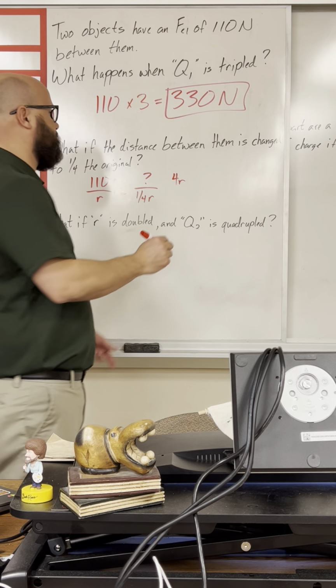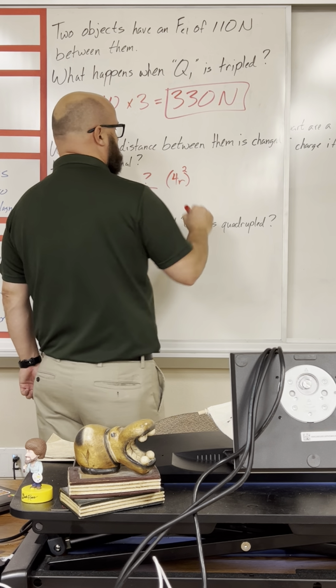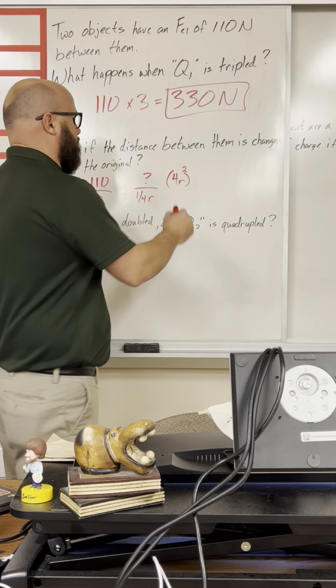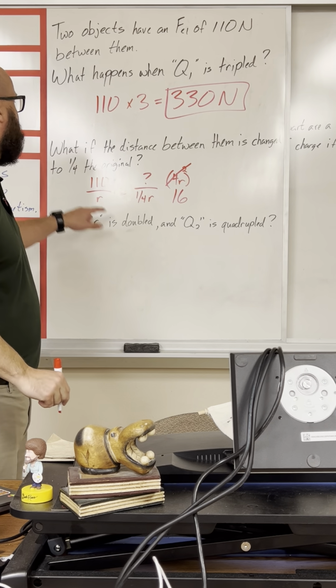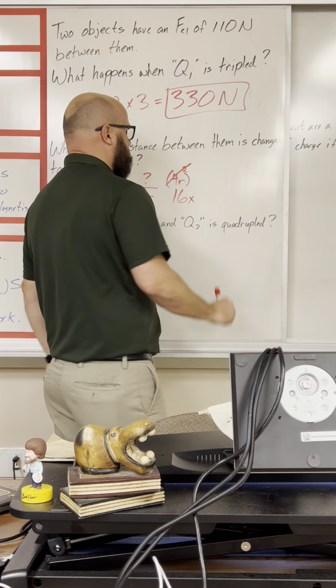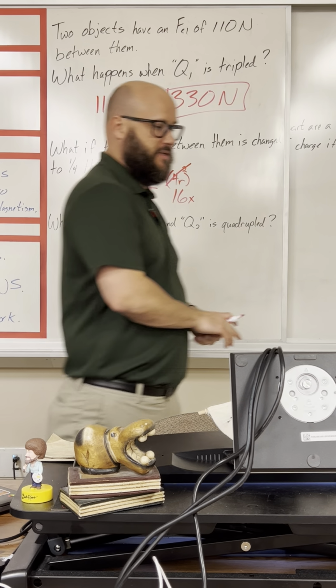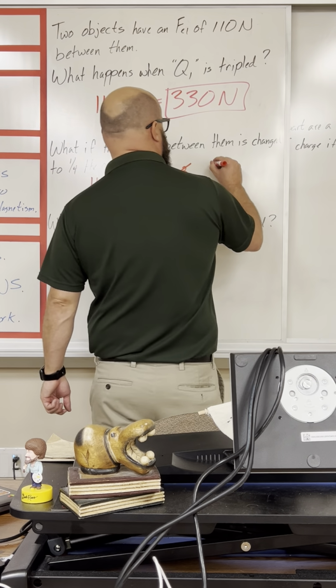But we have to remember to square that. So 4R squared, we're going to lose that R, turns into 16. So the force is going to be 16 times what it was originally. And what does that come out to? 1,760 newtons.